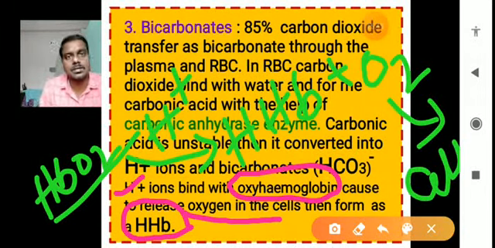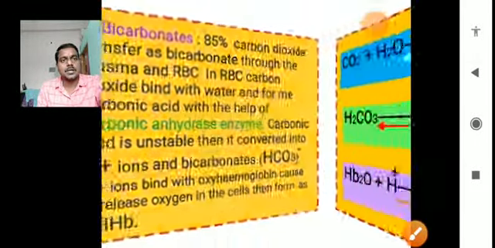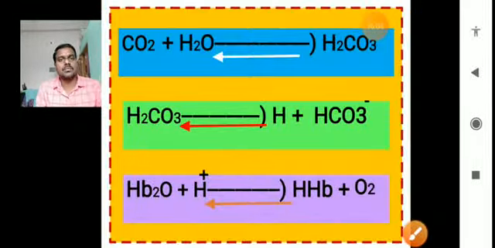This is very important. This is the formation of HHB, mostly in the RBC rather than the plasma, that is 85%. Again, observe the equations, very important equations in the cell and at the lungs level.